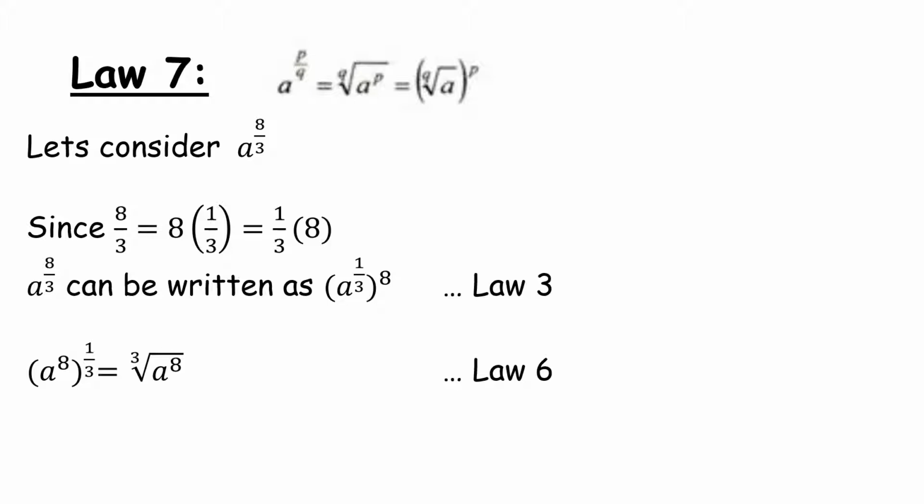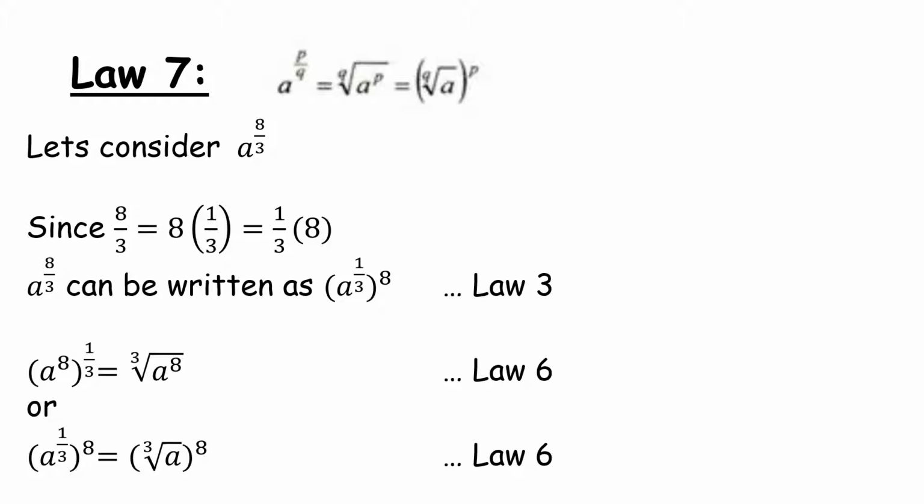So breaking that down, I can take that power of a third using Law 6 and simply apply the cubed root to it. Or, working the other way, I can say let's take a to the power of a third to the power of 8, which then breaks it down to the cubed root of a to the power of 8.